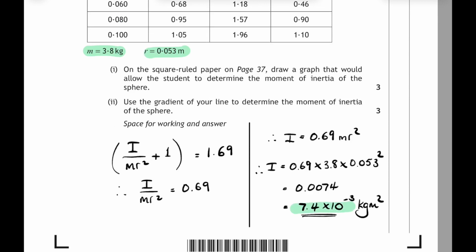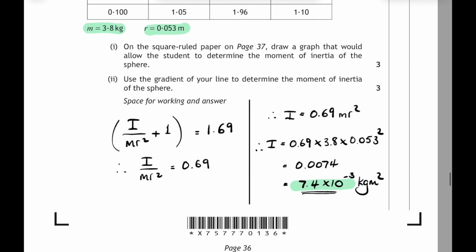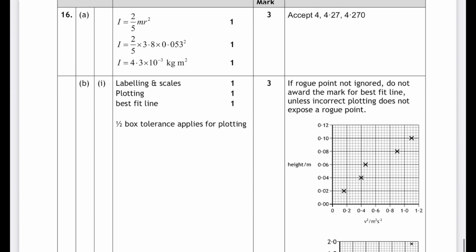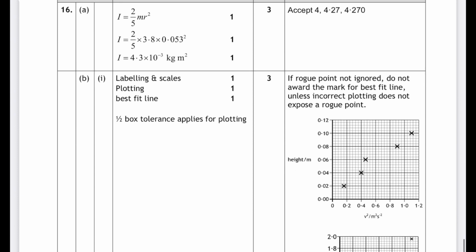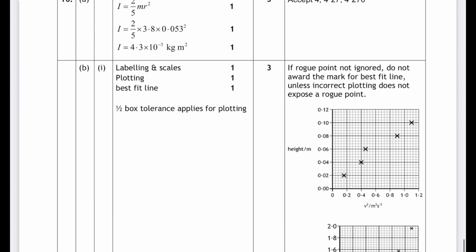So quite a big difference then between our calculated value and our experimental value. Let's have a wee look at the SQA marking instructions for the graph part. So 3 marks for the graph, and as usual it's 1 mark for your labels and scales, 1 mark for plotting the points, and 1 mark for the best fit line.